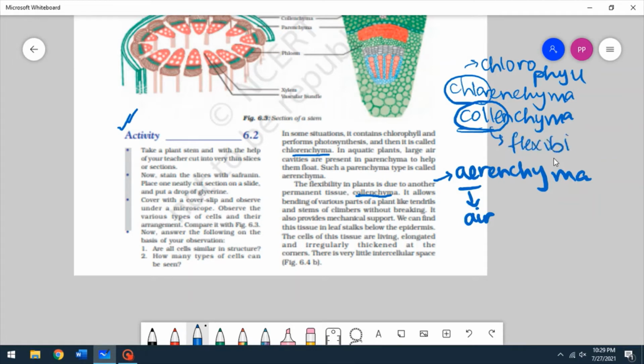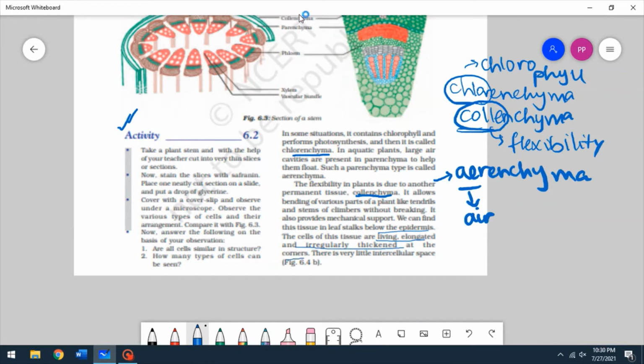It allows the bending of various parts of a plant like tendrils and stems of climbers without breaking. So if you have a creeper like a money plant, the way the plant bends and moves in a direction, that is because of collenchyma. And this tissue is present in the leaf stalks below the epidermis. The cells of this tissue are living, elongated, and irregularly thickened at the corners.